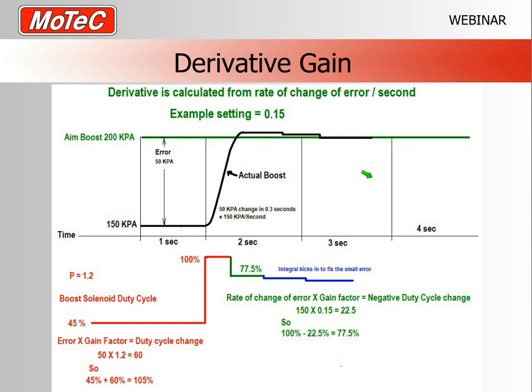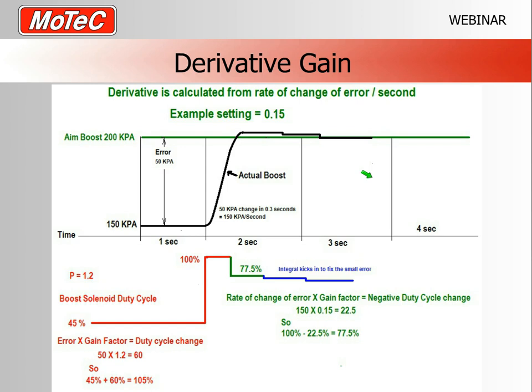So here's our scenario, and this is actually going to combine all three P, I, and D parameters together. We've got an error of 50, and we're using our proportional example of 1.2. So we've got a proportional gain factor of 1.2. Our duty cycle starts at 45, and the numbers work. Error 50 times gain factor 1.2 equals 60.